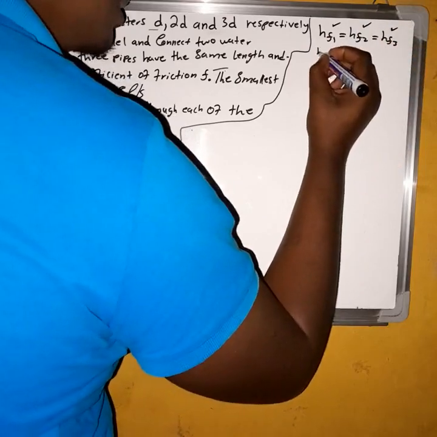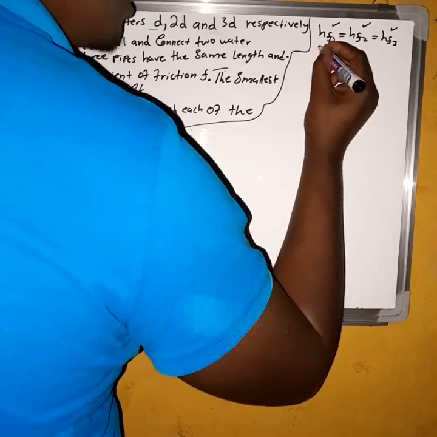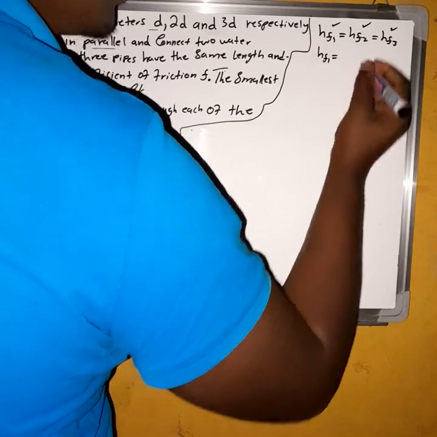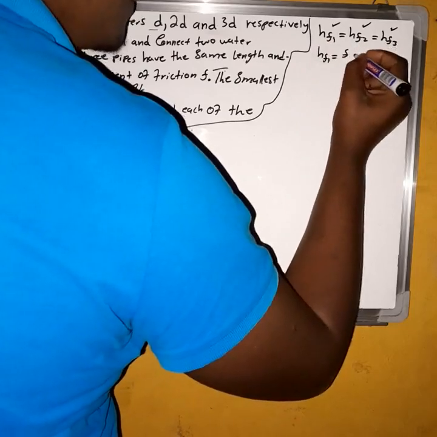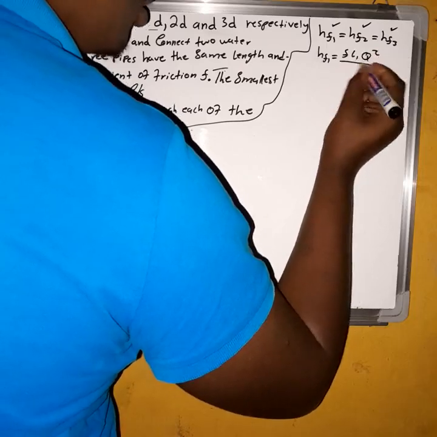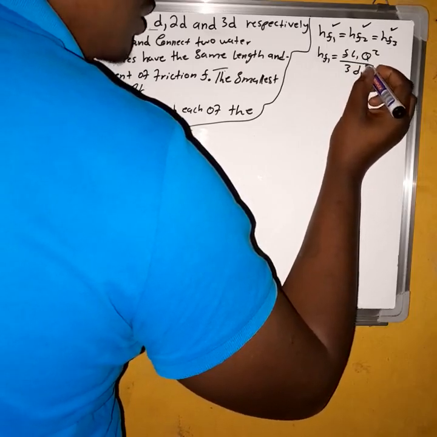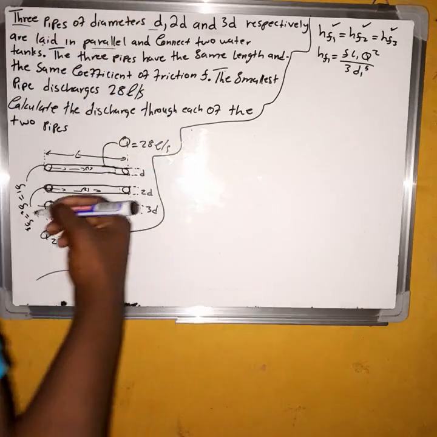We can start by saying HF1 is equal to FL1 Q squared over 3 D1 raised to the power 5.